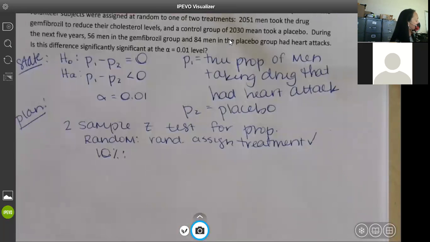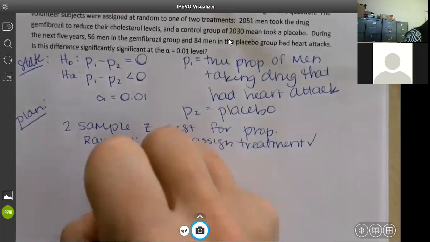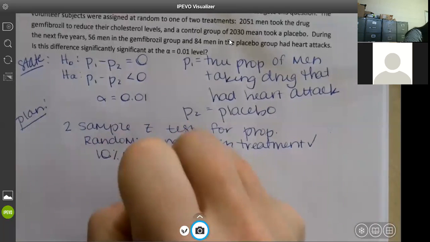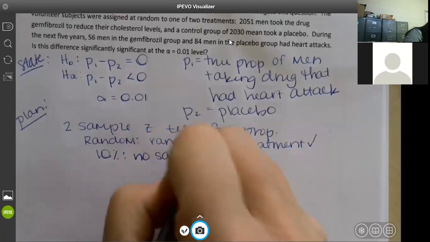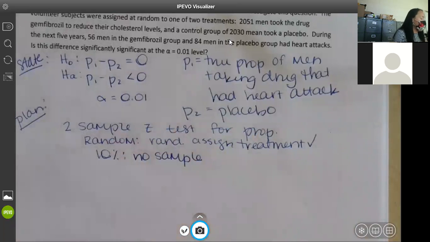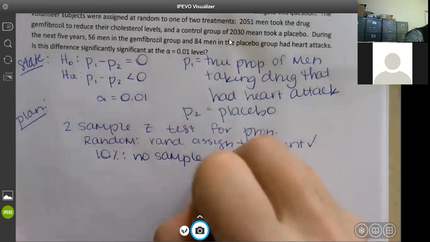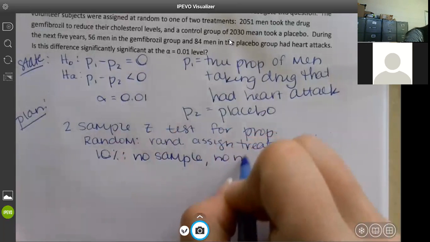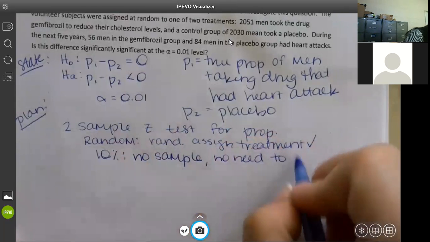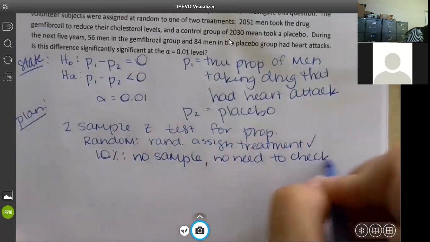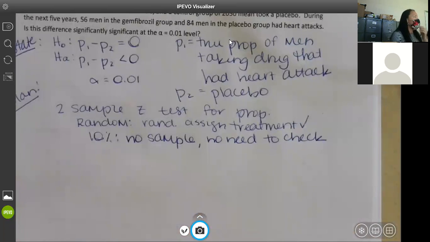In this case, we didn't sample from the population, we had them volunteer, so there's no need to check. We haven't had that come up yet, but watch that. Anytime they volunteer, we don't take a sample.